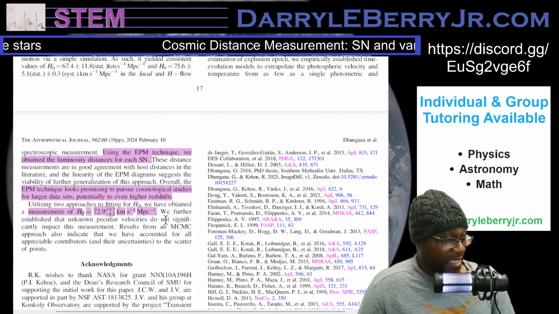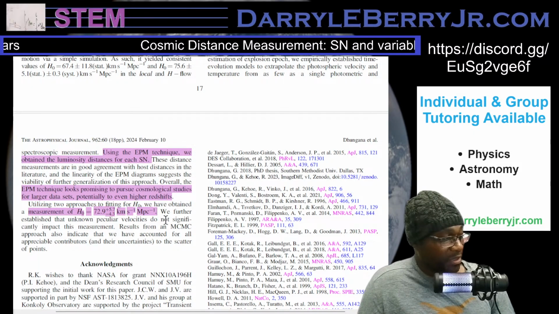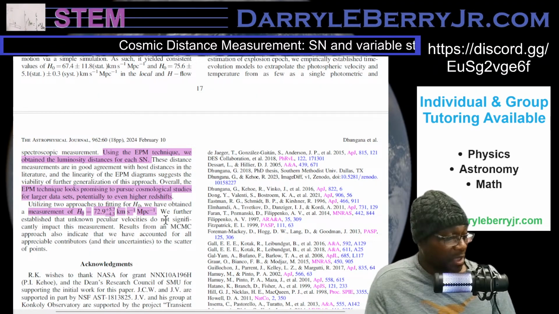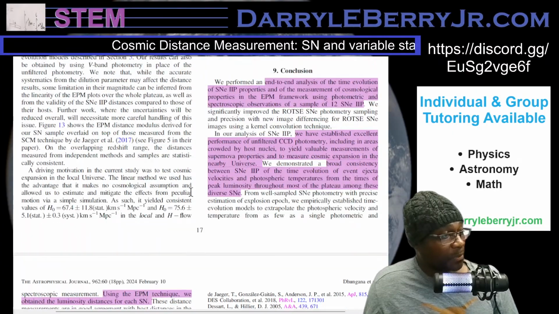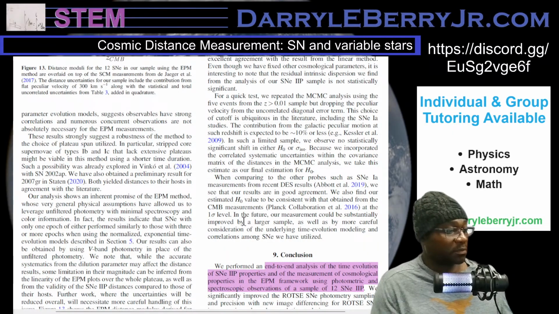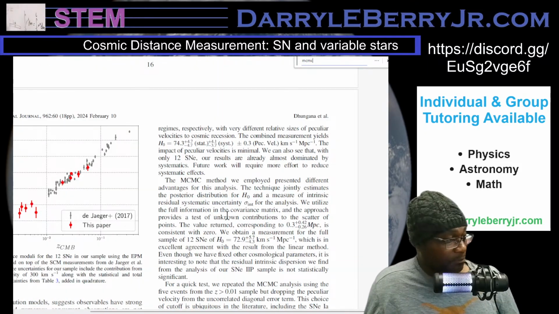We further established that unknown peculiar velocities do not significantly impact this measurement. Results from the MCMC approach also indicate that we have accounted for all appreciable contributions in the uncertainties to the scatter of points. I don't remember what MCMC is, but maybe that was mentioned in the middle of the paper, which I have not looked at.